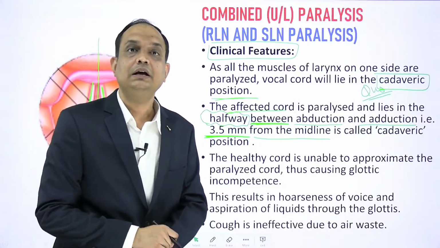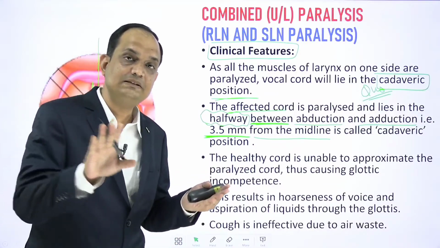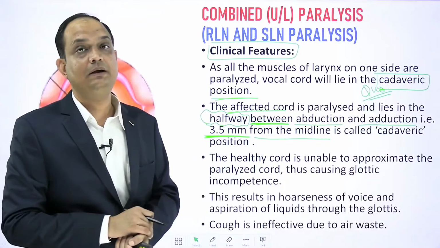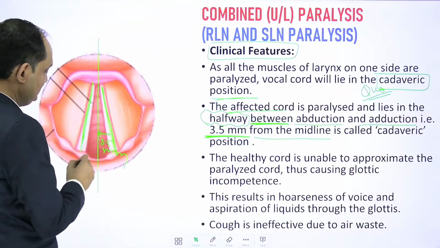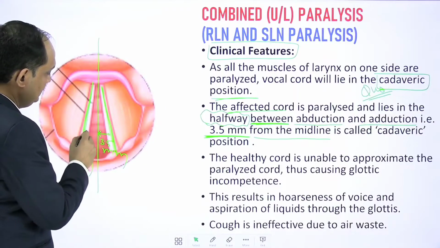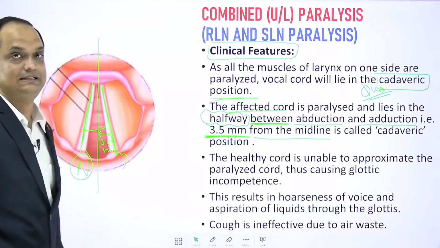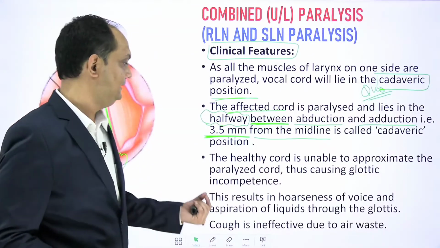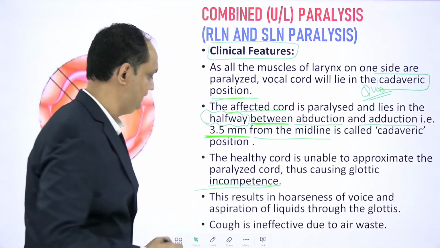Now in the recurrent laryngeal nerve palsy, we have seen that compensation can be possible, but here because of the combined palsy, this distance is 3.5 mm and this is the normal side. So this cord is not able to touch the opposite side because of the greater distance. So compensation is not possible, and in the lack of compensation, it is known as glottic incompetency.